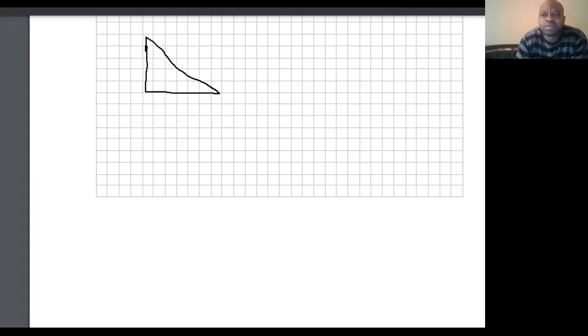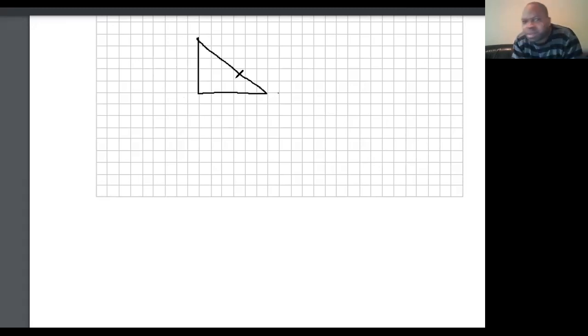Let me make it better. Okay, let me call this angle theta, the opposite side is 6, the adjacent side is 8. We are not given the hypotenuse.